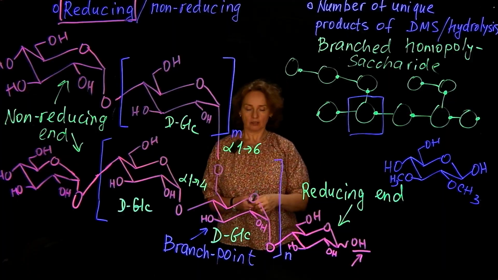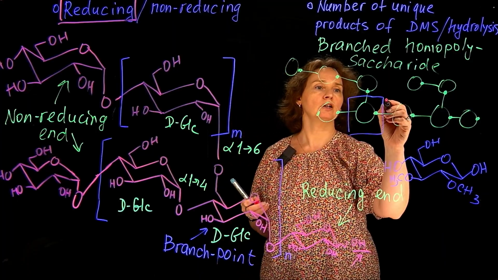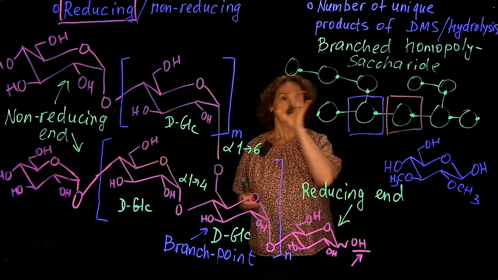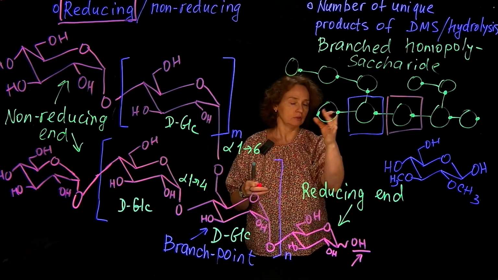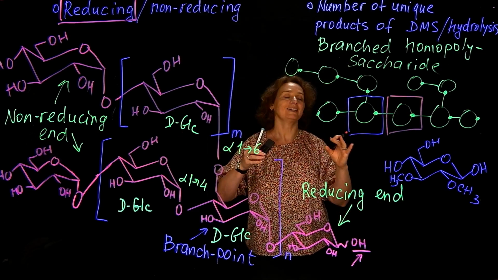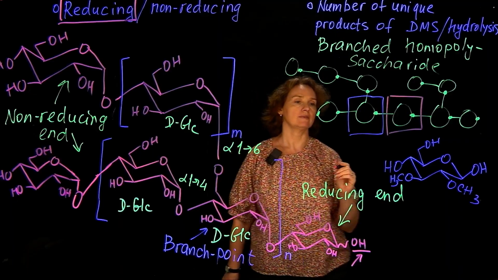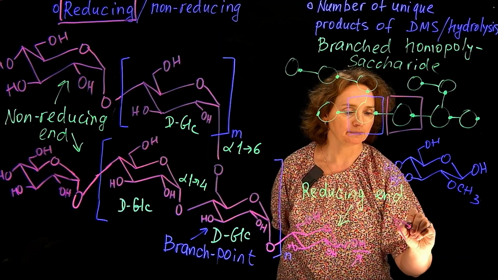Now, another unique product is expected for the monosaccharide in the branch, not at the branch point and not at any of the ends. And this one will look like that.